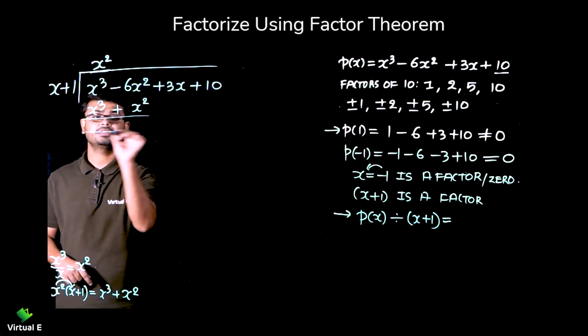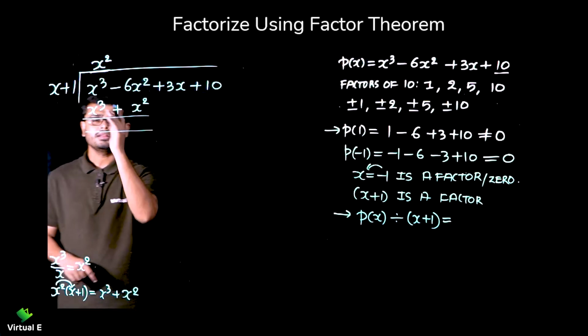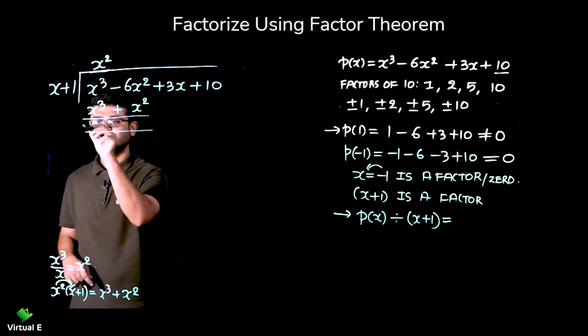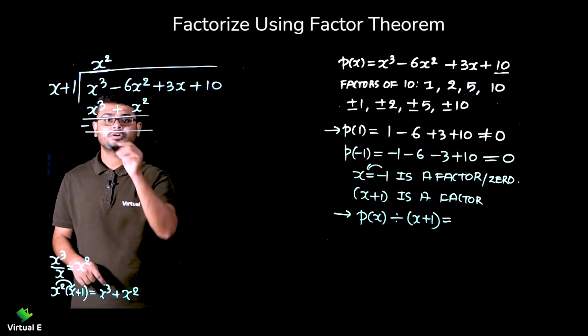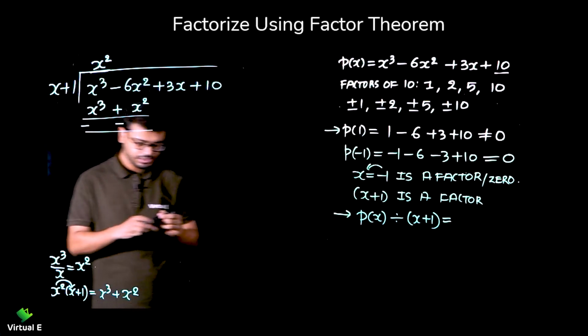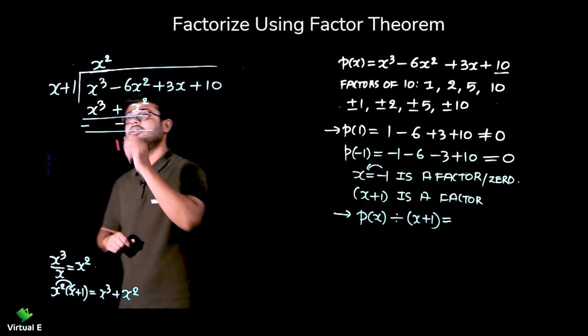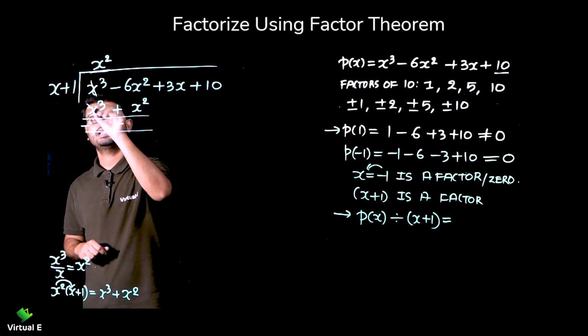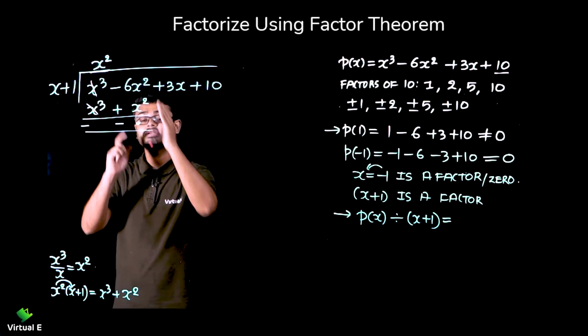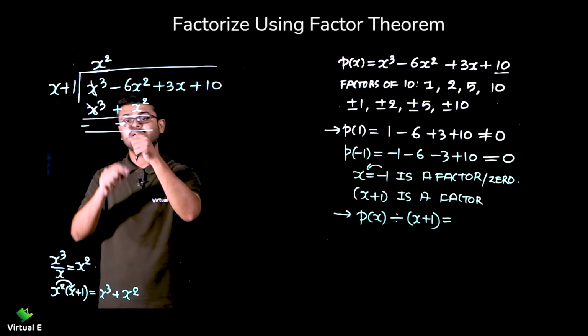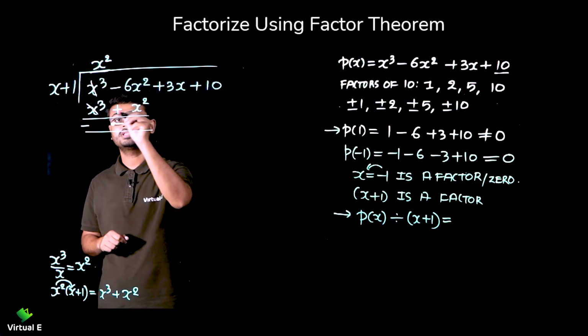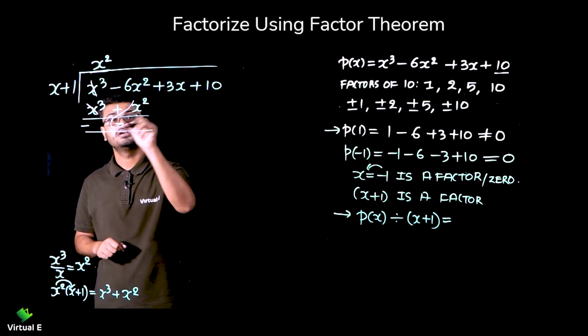Then the rearrangement. Now x cube is positive, so it will become negative, and x square is positive, so it will become negative as well. So let's do the simplification. Here positive x cube and negative x cube cancel. Here it is minus 6x square and minus x square. Remember, not the positive; positive is the old sign.